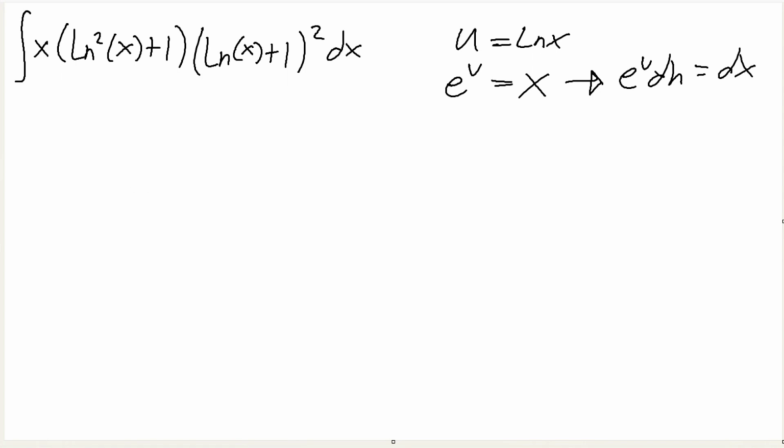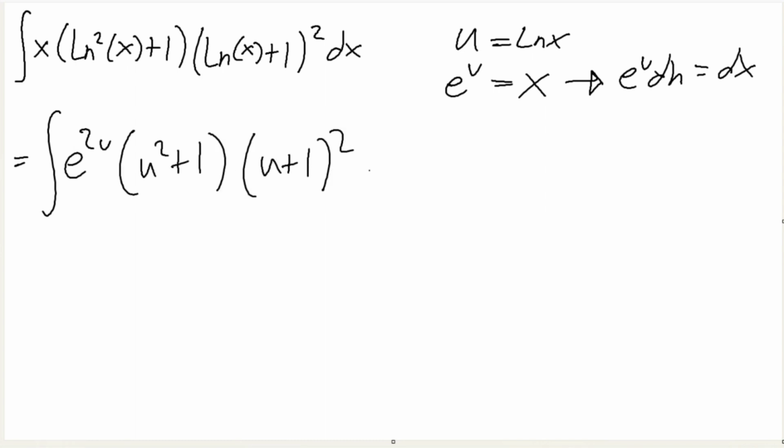So now here, you could possibly simplify this. We have e to the 2u, technically, and then u squared plus 1, u plus 1 squared du. But what on earth do we do here? Integration by parts?